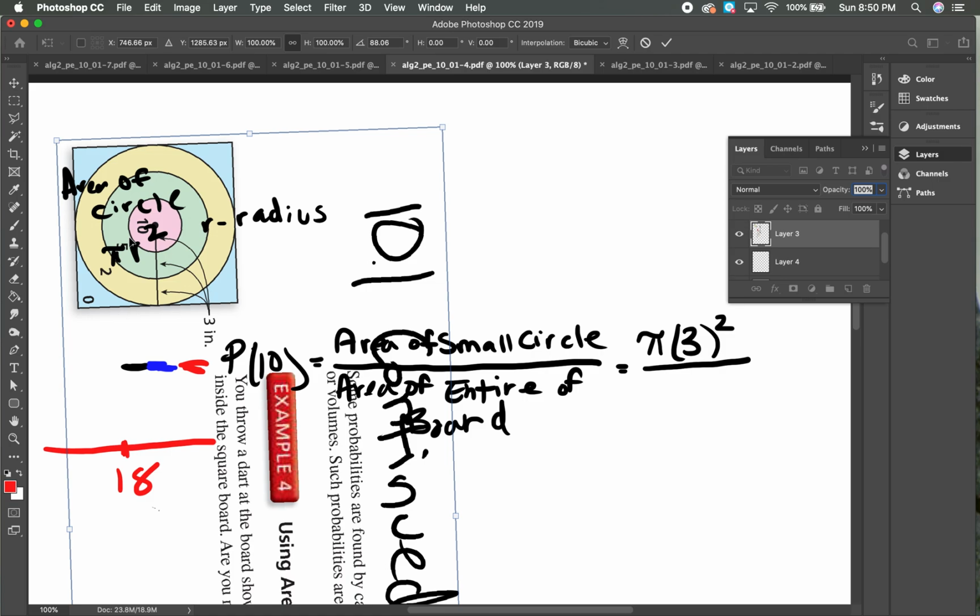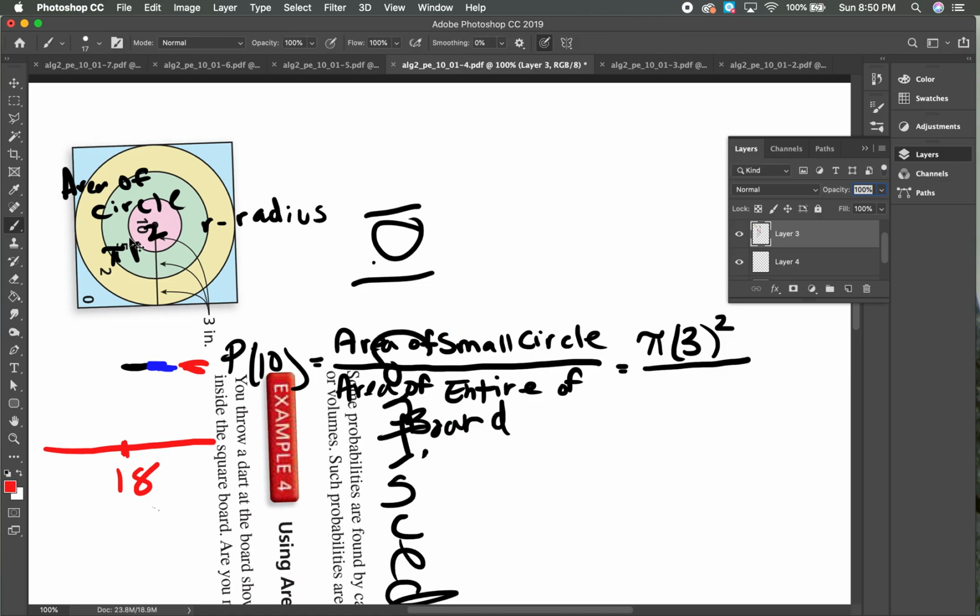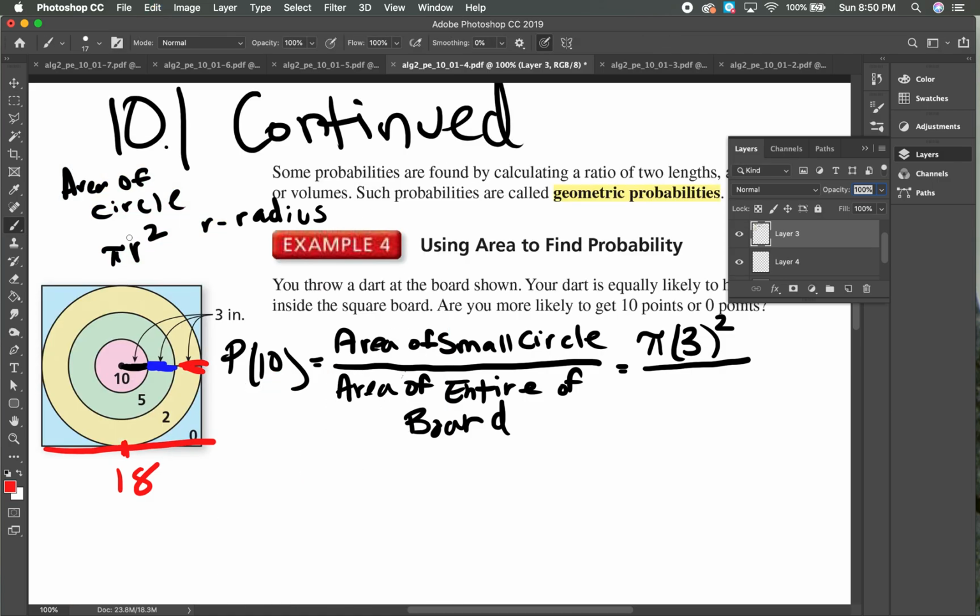That's kind of the whole concept of circles. So by knowing that information, now we know that this is 18, and also this distance is 18.